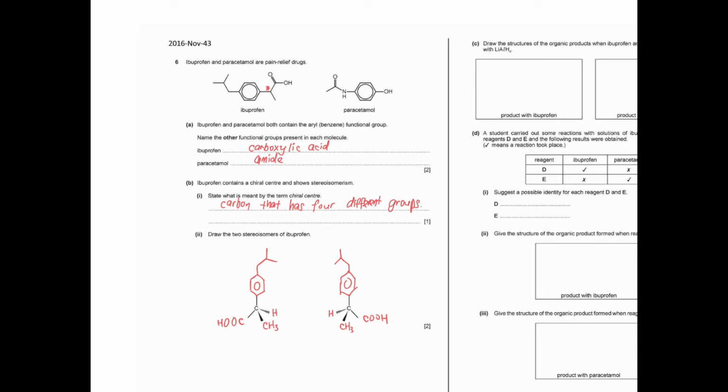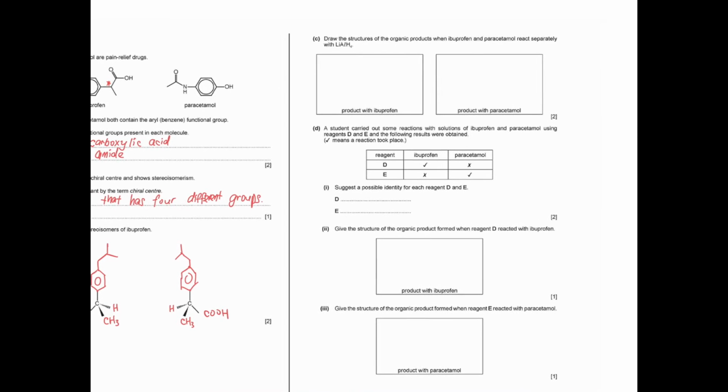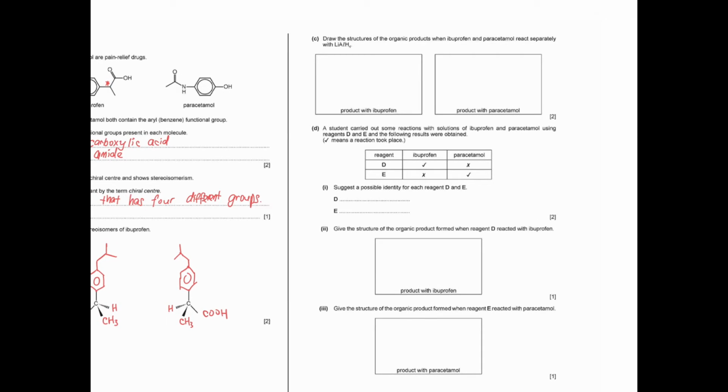Now let's move on. Next part. Draw the structures of the organic products when ibuprofen and paracetamol react separately with lithium aluminum hydride. This is a reducing agent. The reducing agent will change carboxylic acid back to alcohol.